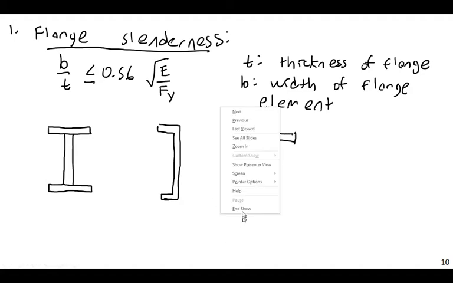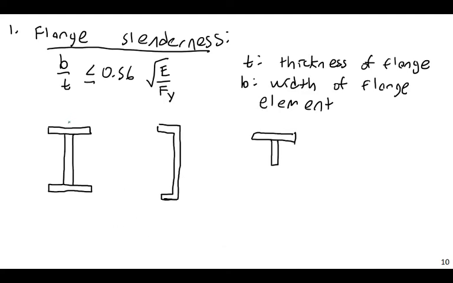Here I'll go ahead and label some b's. This is b, this is b. Again, we're looking at the width of individual elements, not the width of the entire flange. b, b, b, and t, t, t.